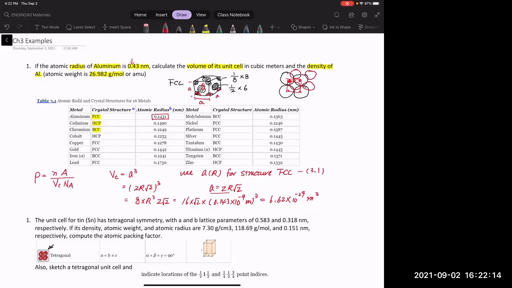What the density equation simply means is this: if you know the unit cell volume, you also need to know the mass.